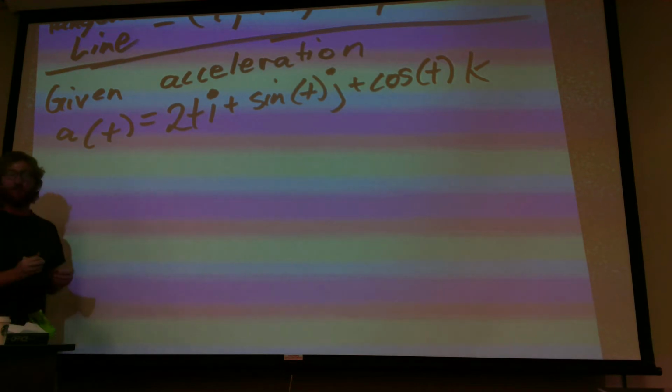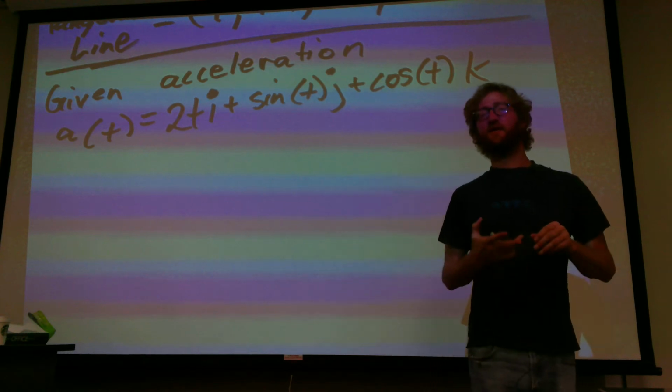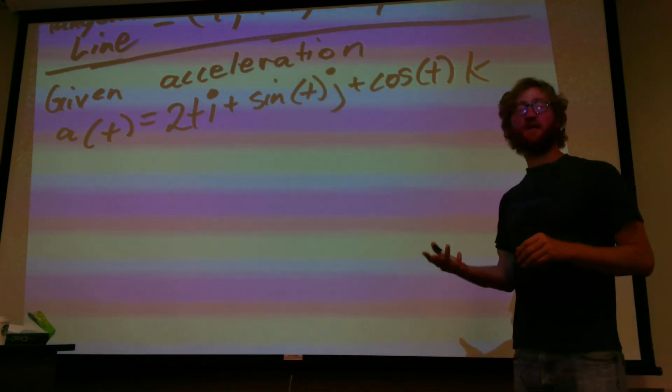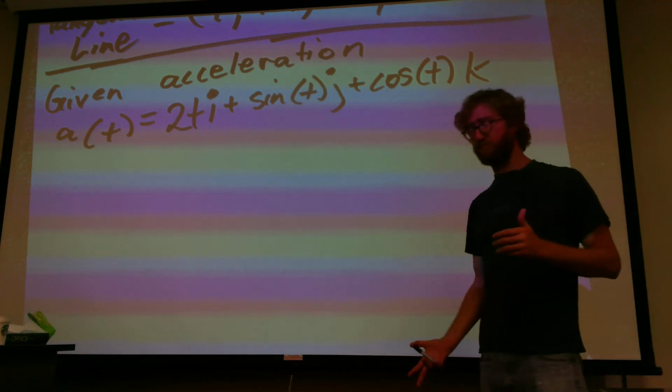But remember, whenever we're doing a problem involving acceleration and we're transforming it into velocity and position, we need an initial velocity and an initial position to actually fully create this problem.